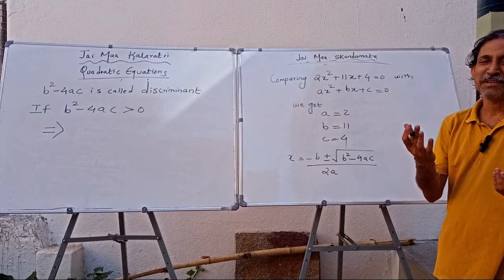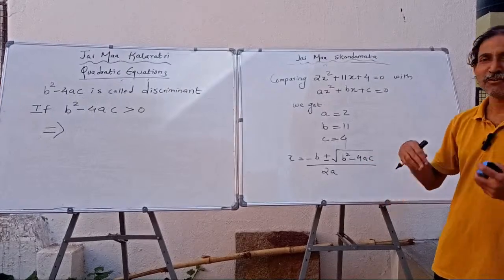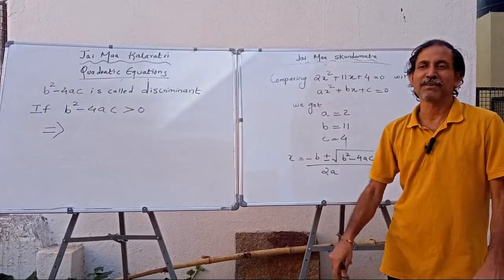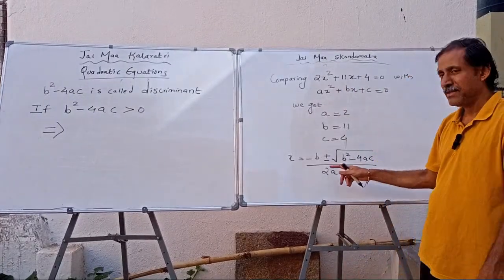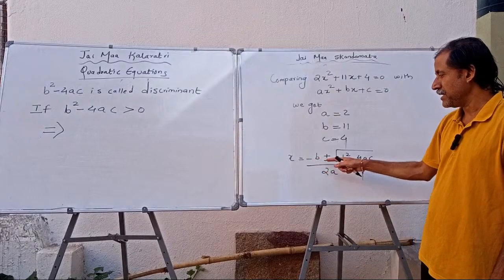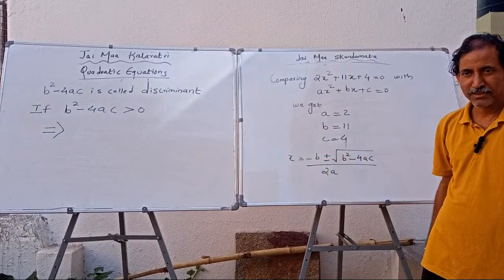It will be the square root of a positive number, correct? So minus b plus or minus, there will be two roots.